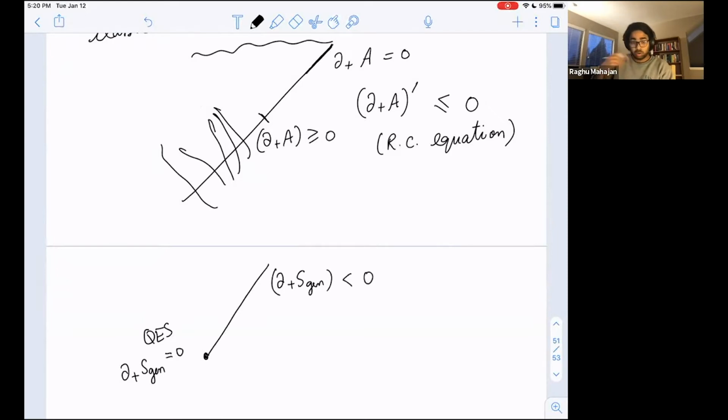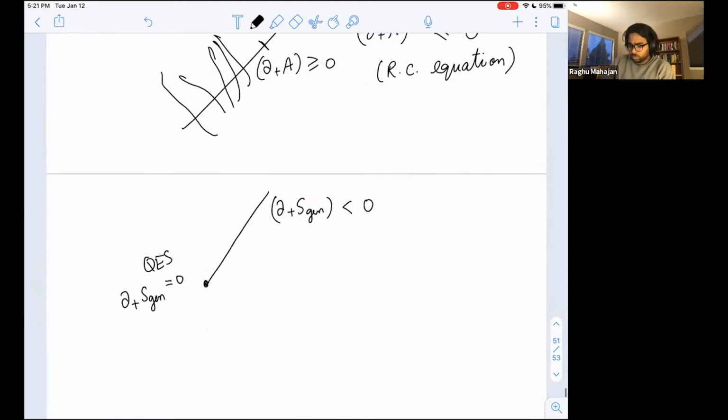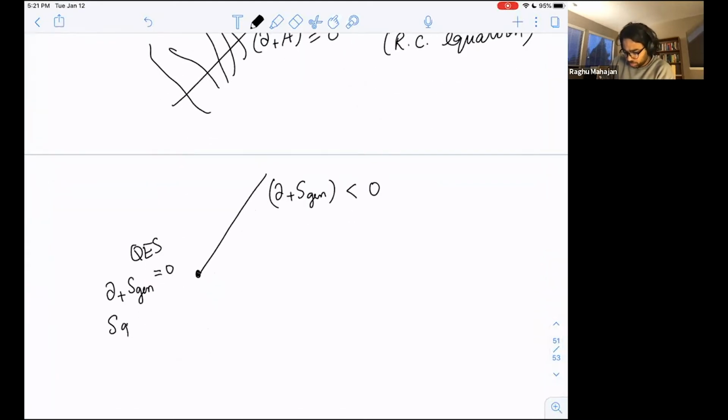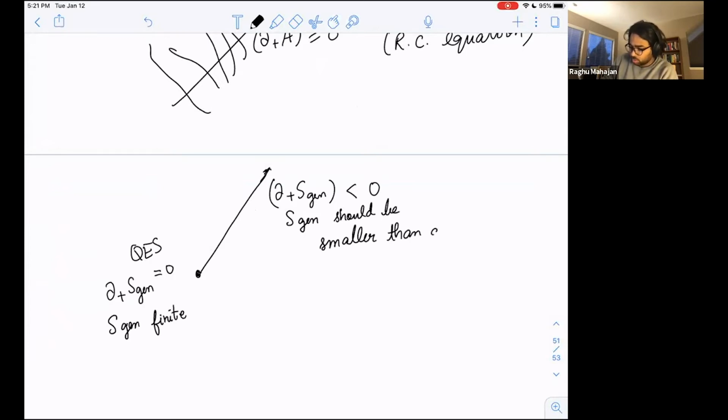Because its derivative is negative. So if it starts at 0, it can only become negative. It also means that if S_gen here is something finite, and everywhere its derivative is negative, even here, the S_gen should be smaller than at the QES.